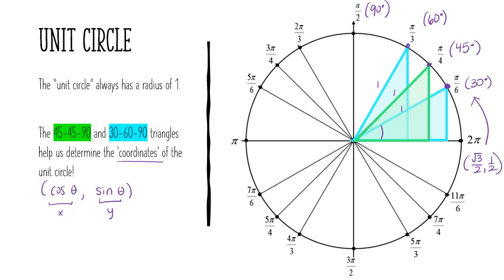We'll be able to label all of these coordinates, again, using these special right triangles. So for example, here's our √2/2 and our √2/2. If I'm talking now about my 45, 45, 90 right triangle, which means the coordinates right here at this 45-degree angle are going to be √2/2, comma √2/2.